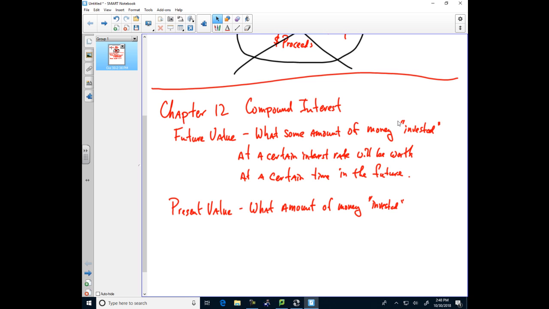And I guess that's a form of investment. I guess we could just put banked in there.